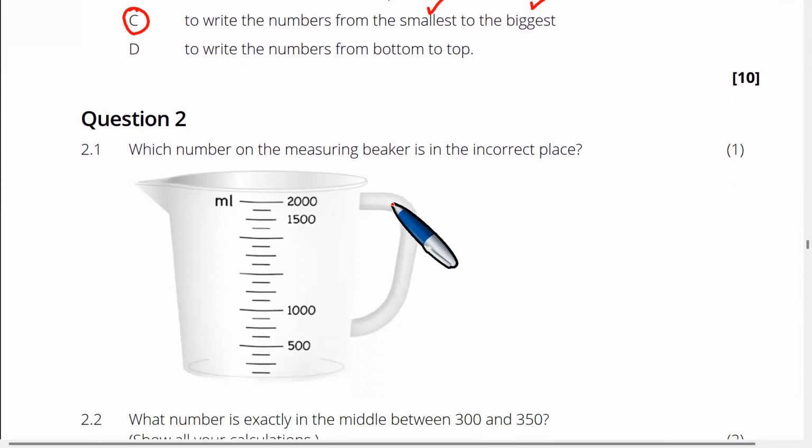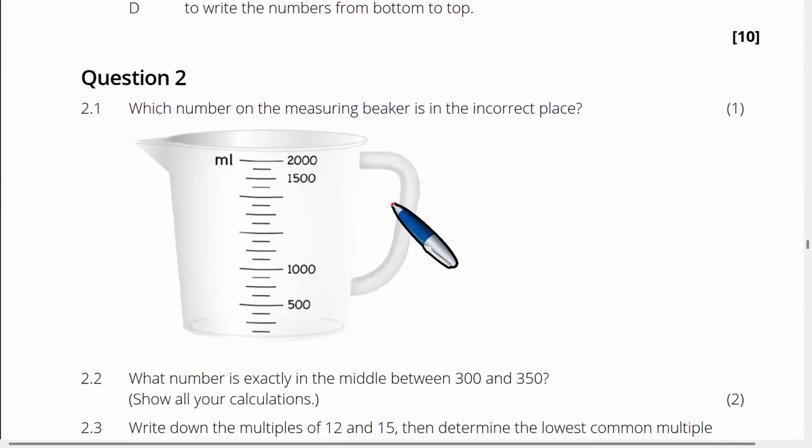In question 2, we have a measuring beaker. Which number on the measuring beaker is in the incorrect place? Looking at this measuring beaker, in 2.1, let me give you 1 minute. It's just 1 mark.